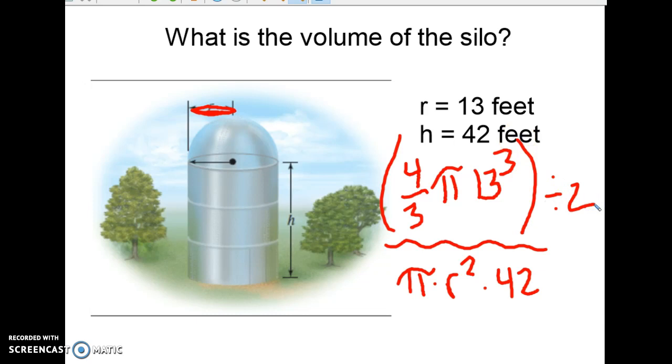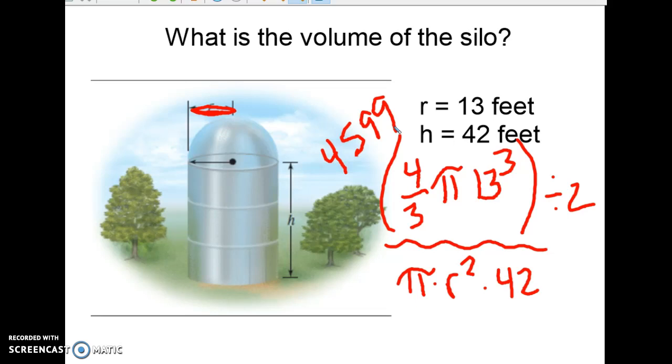So go ahead, type in 4/3 times pi times 13 to the 3rd power. And then at the end, you have to divide that by 2. And go ahead and round this answer to the nearest whole number. I get 4,599. I do have a decimal, but I'm rounding it to the nearest whole number.